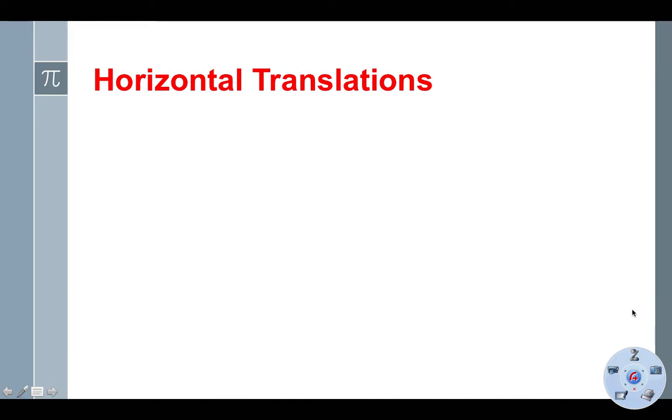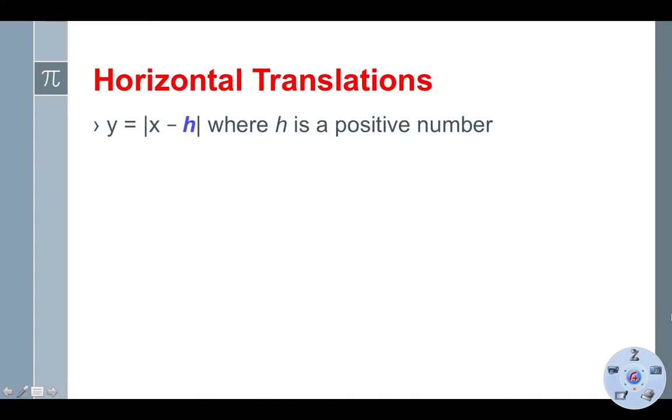Horizontal translations are going to look like this, the absolute value of x minus h, where again, h is a positive number. And in this particular case, it moves in the opposite direction you would think because it's inside the absolute value. So if it's a plus h, it moves to the left.